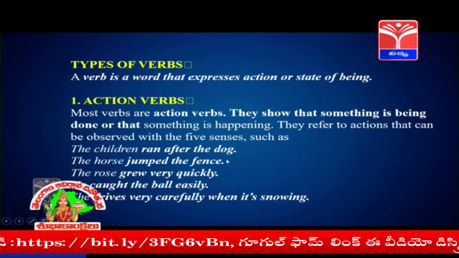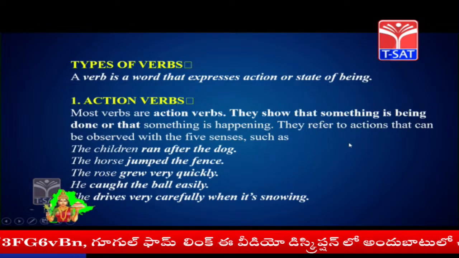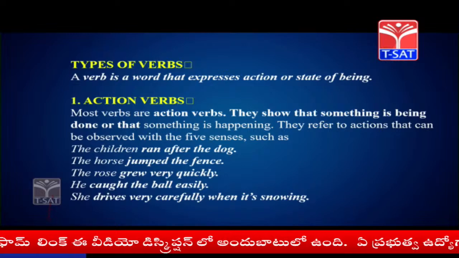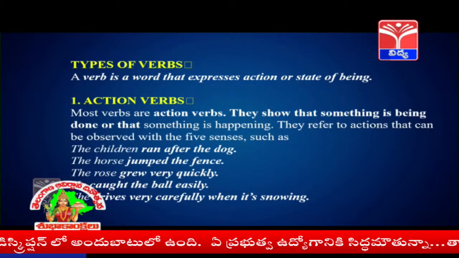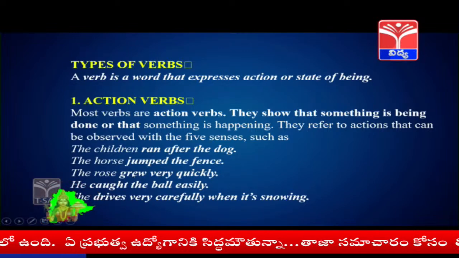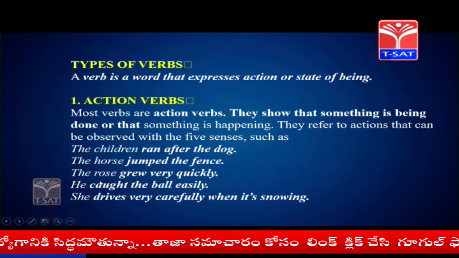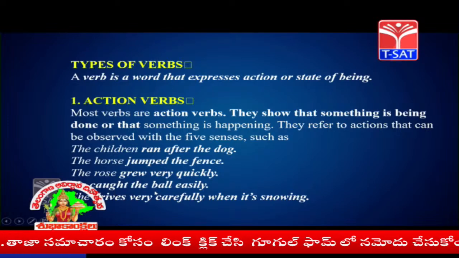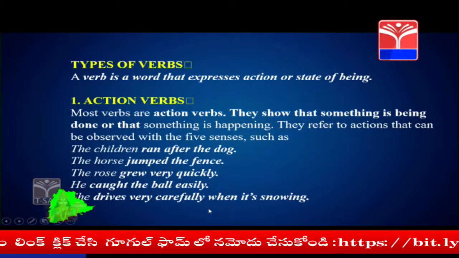These action verbs refer to actions that can be observed with the 5 senses, such as: the children run after the dog, the horse jumped the fence, the rose grew very quickly, he caught the ball easily, she drives very carefully when it's snowing.